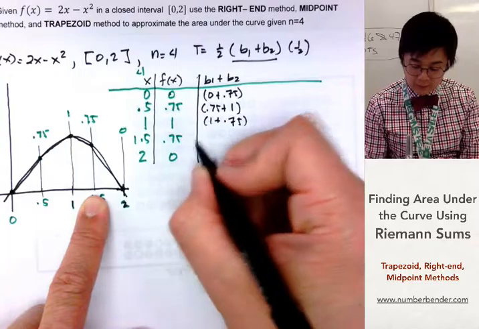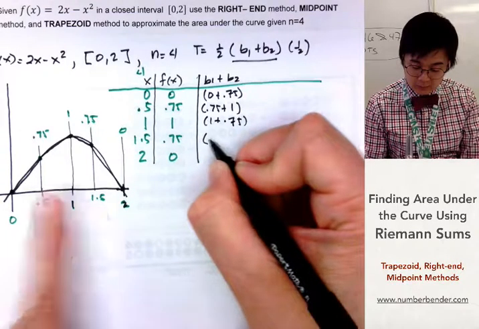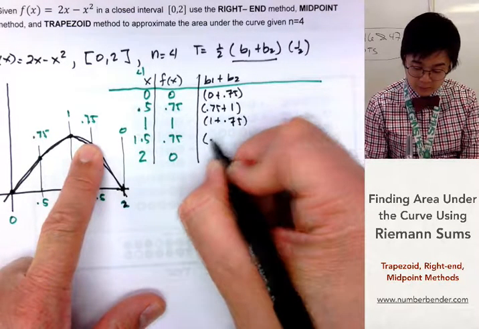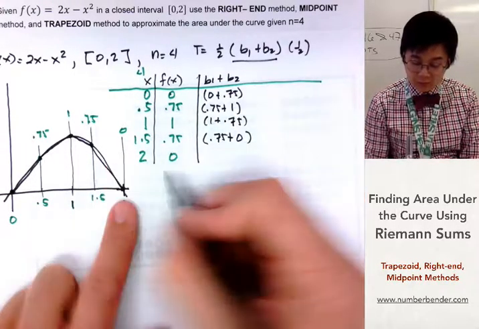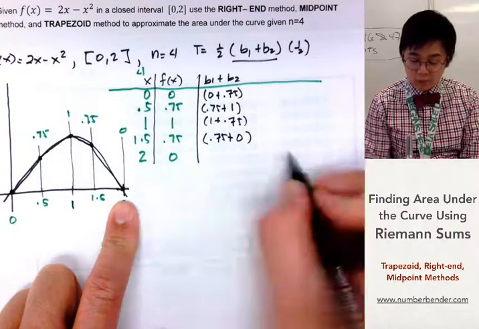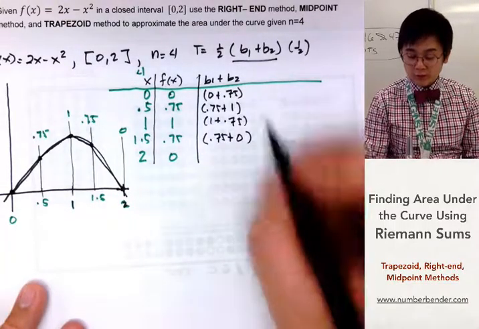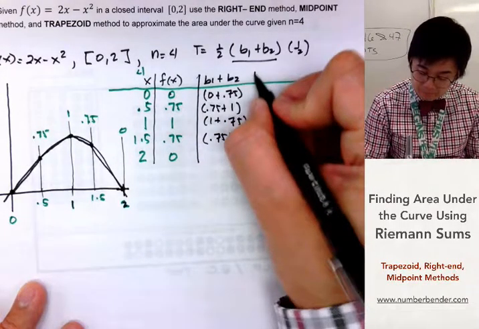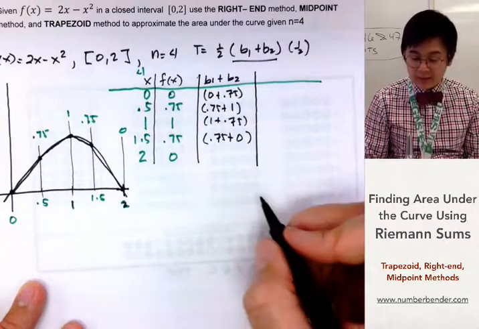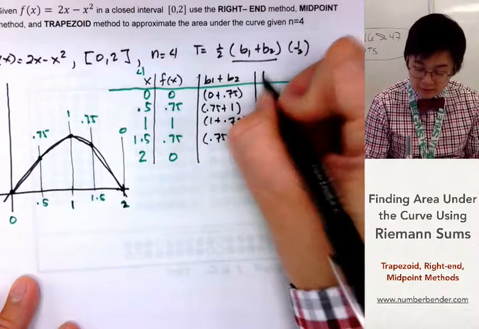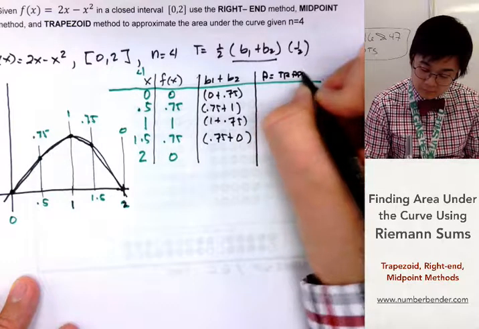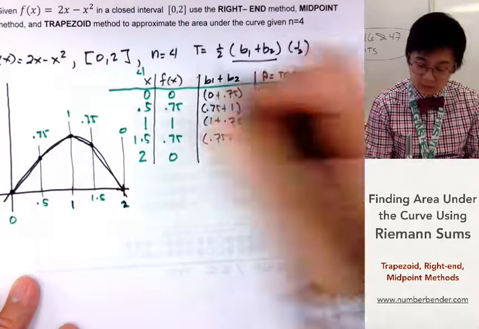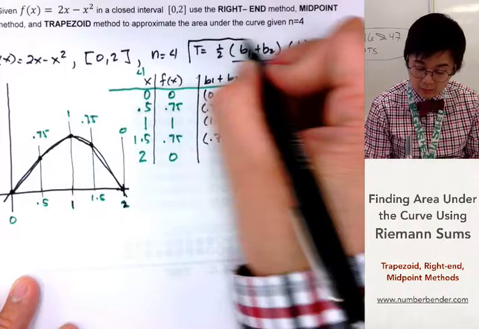Yung huli would be at 1.5, may 0.75 plus 2, which is 0. So mapapansin nyo, hindi na natin mapupunaan yung last row. So yan yung B1 and B2 natin. At kakailanganin naman natin yung area ng trapezoid, which is given by this formula.